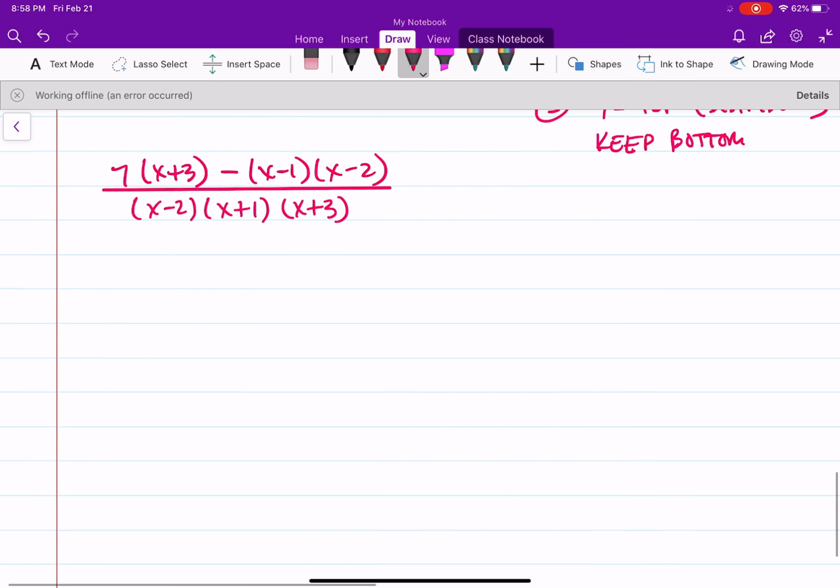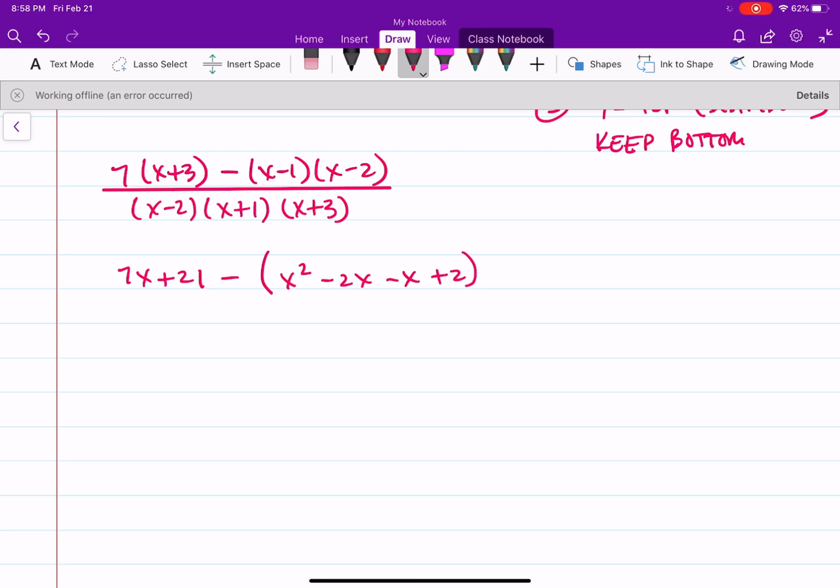So the first group here is going to be distribute, so 7x plus 21 minus x squared minus 2x minus x plus 2. Now notice that I put parentheses around that because of the subtraction sign in front of it.